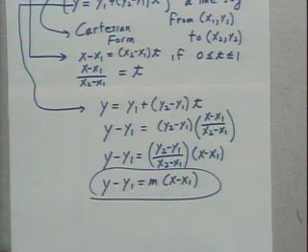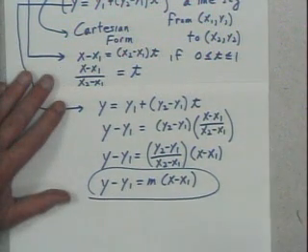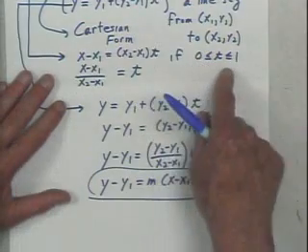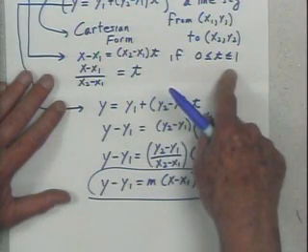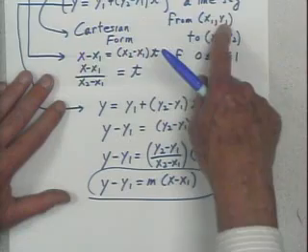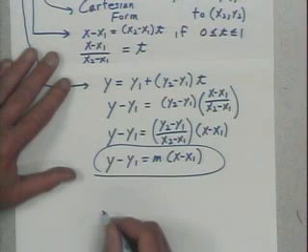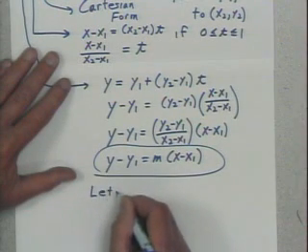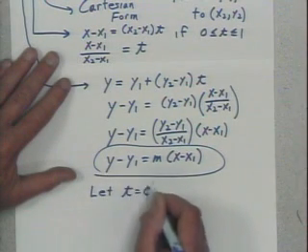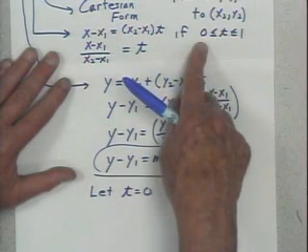All right, now what do you have to do? You have to show that if t runs from 0 to 1, you're going to start at x1, y1, and you're going to stop at x2, y2. Okay, so we start by letting t equals 0, because that's where it starts, right?